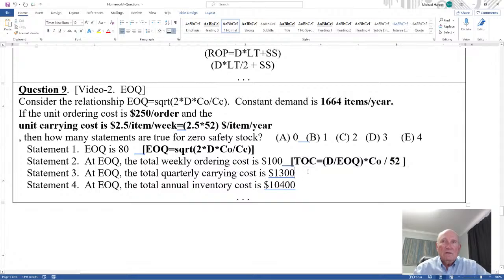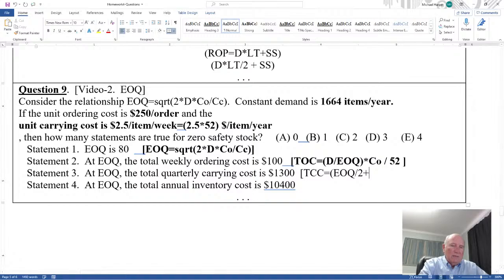Now this one is my carrying cost. Total carrying cost equals EOQ over 2, or Q over 2, EOQ over 2. And we have 0 safety stock. Okay, so there's no safety stock.